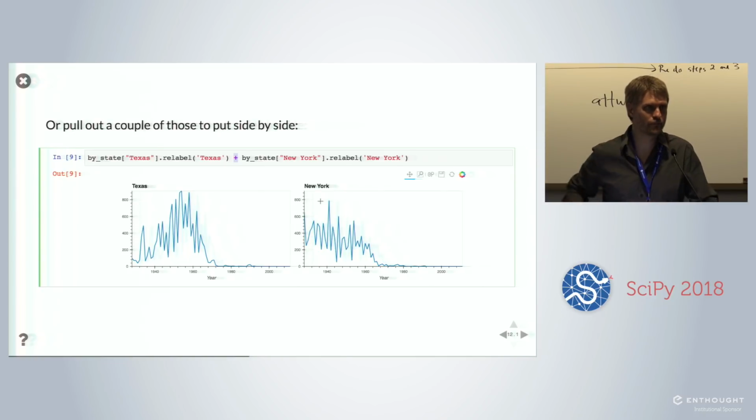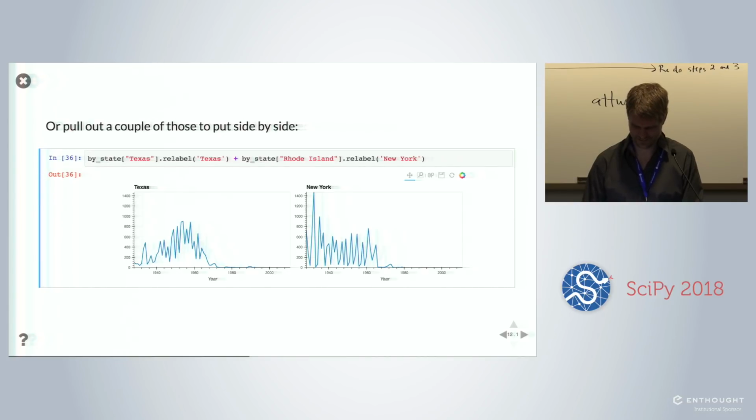Yes? The y-axes are the same scale on those. Is that always the case? The same scale. Yeah, like 800 and 800 are the same place. They are in this case because they are linked. So if I were to choose Connecticut, no, I don't know how to spell Connecticut. Rhode Island.